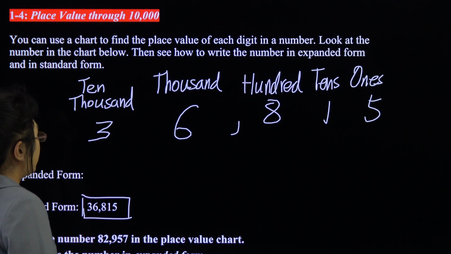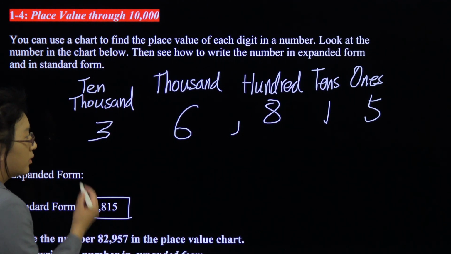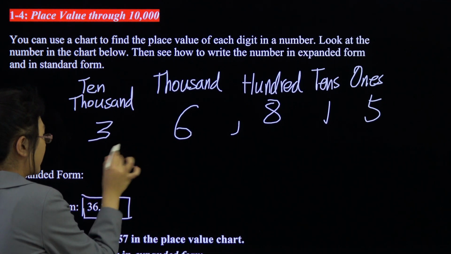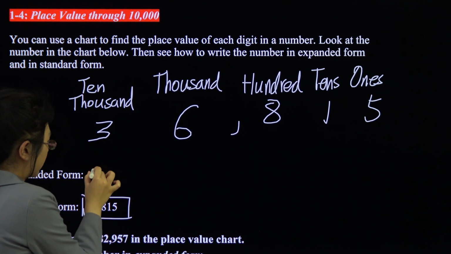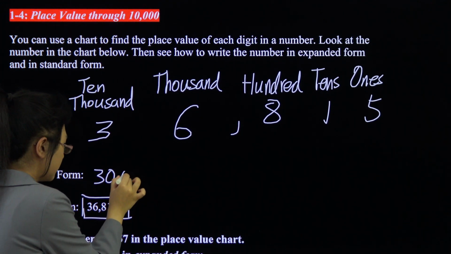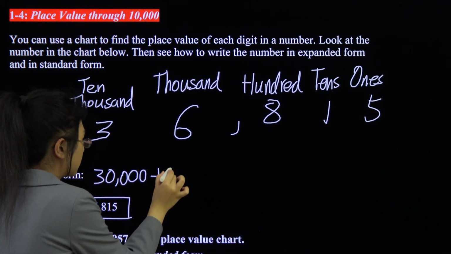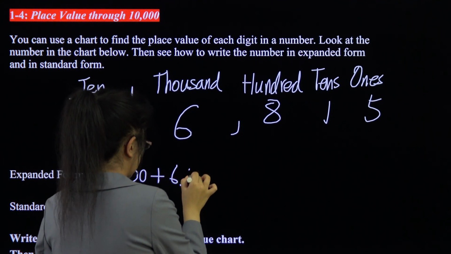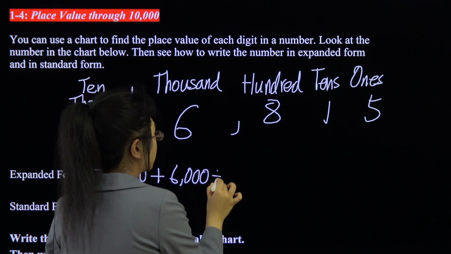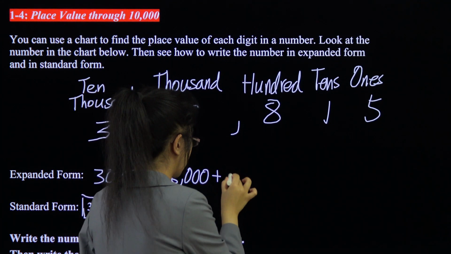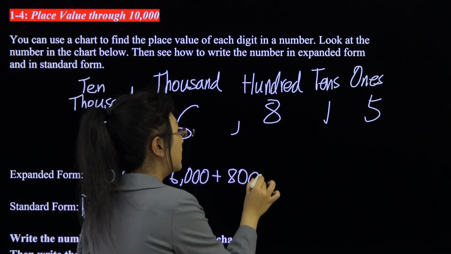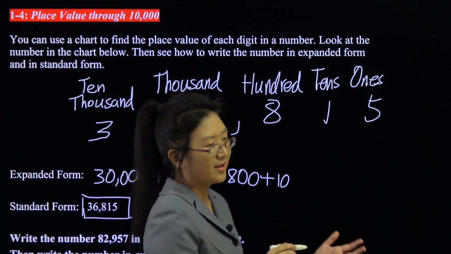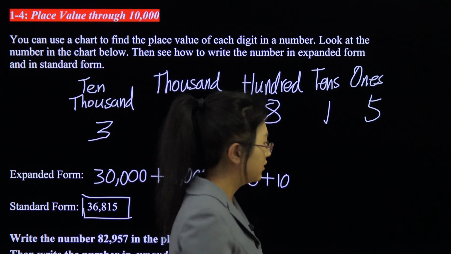We move on to the expanded form. We start with the largest place value, and we get a 3 in the 10,000s. So we get 30,000 plus 6 in the thousands place, so 6,000, plus 8 in the hundreds place, 800, plus 1 in the tens place, and 1 times 10 is 10.